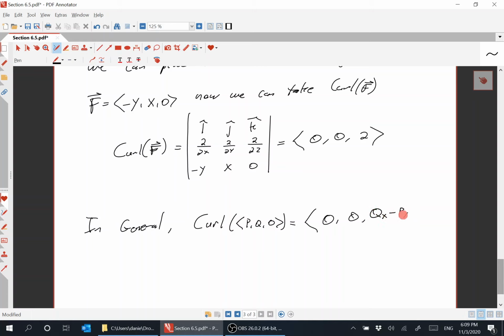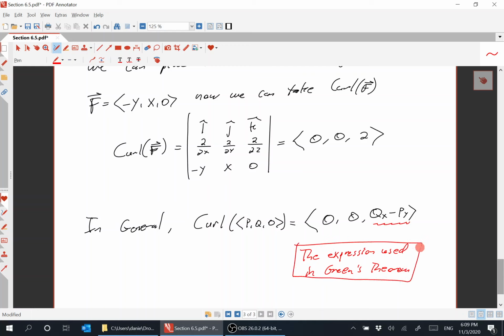Qx minus Py, which is the expression that's used in Green's theorem. For that two-dimensional vector field, with the line integral that you're calculating in that vector field, the vector field P, Q is transformed into this scalar quantity Qx minus Py.